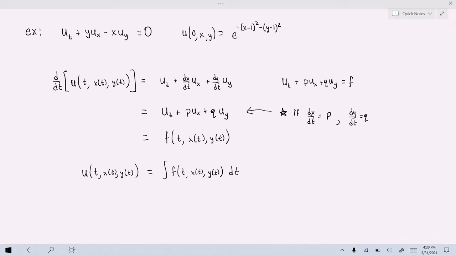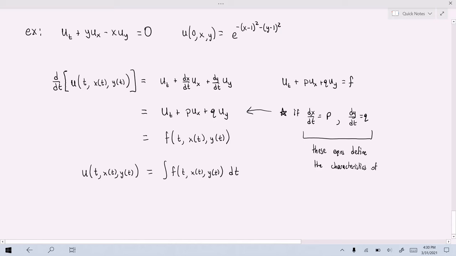So that gives us kind of the same result that we saw earlier. These equations will define the characteristics of this PDE here.